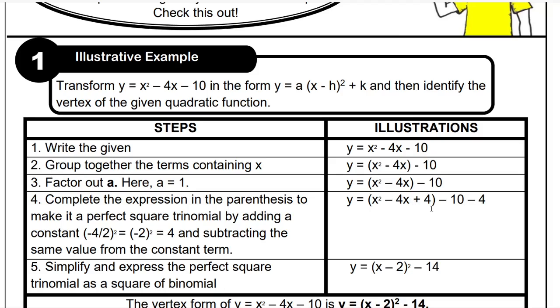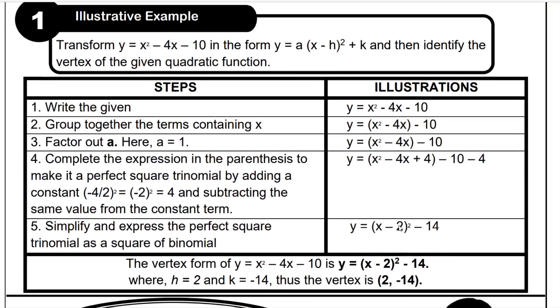Since you add 4 here, you have to subtract 4 here, so that the given will not change, it should still remain the same. So again, you add 4, which is the square of 1/2 of negative 4, and you subtract 4 on the other side.